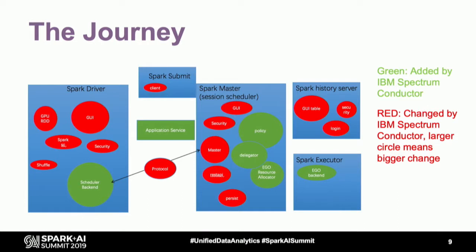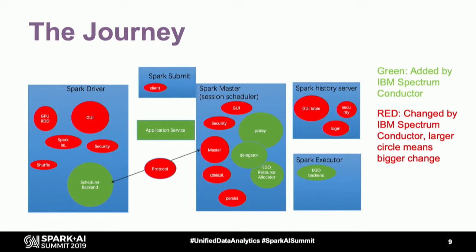What we've added here is policies. So we have additional policies for how you do scheduling. We have first in, first out, fair share, hierarchical policies, and some more. On top of that, we've done some delegator changes and our specific ego resource allocator changes in there.